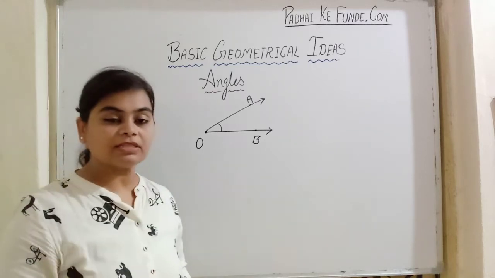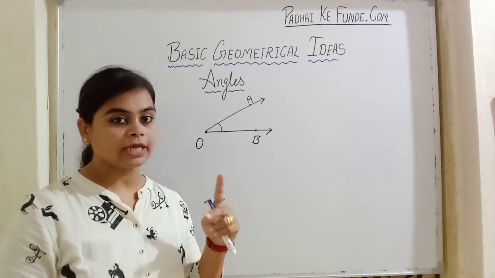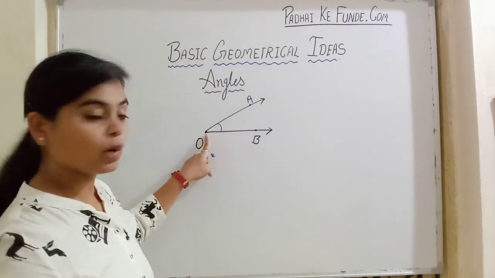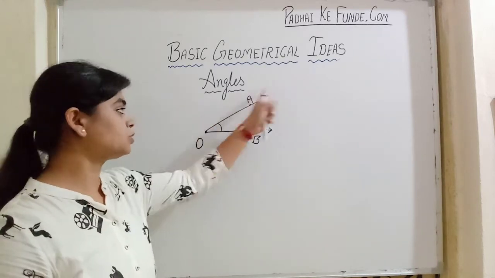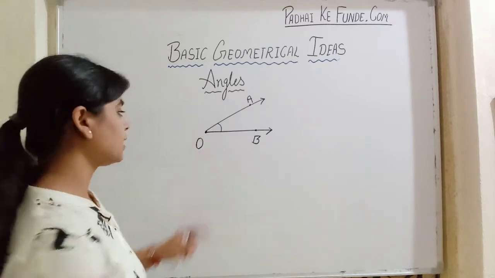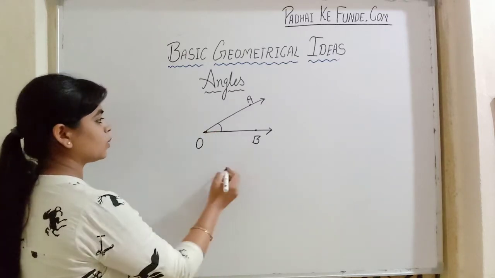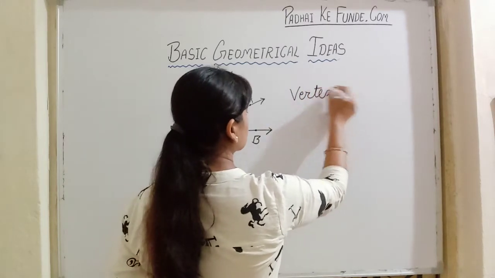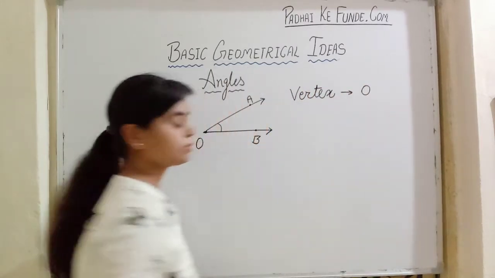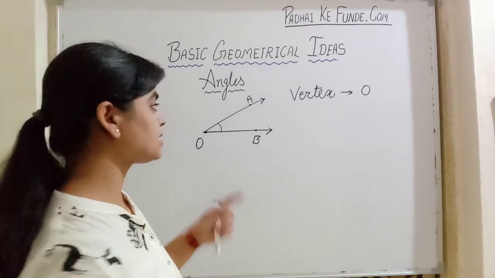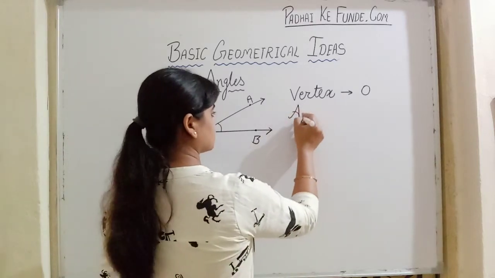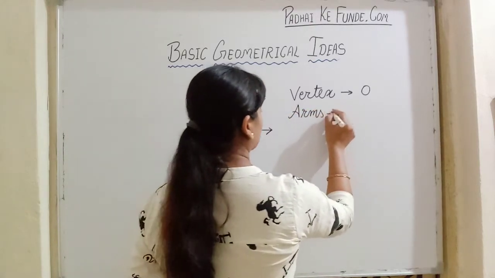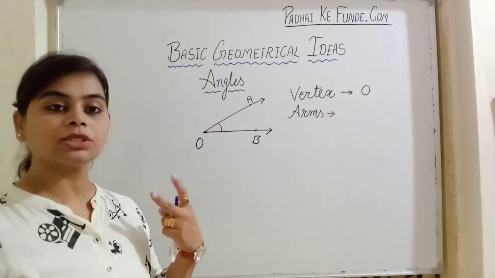An angle is always made up of two arms and one vertex. The point from where the two rays are starting is known as the vertex. Here we have the vertex, that is O. And the second part of an angle is its arms. What are the arms here? Arms means the two rays.